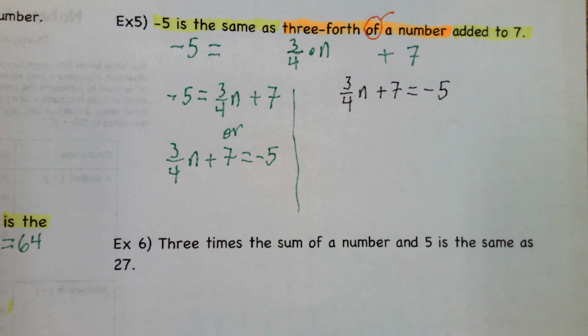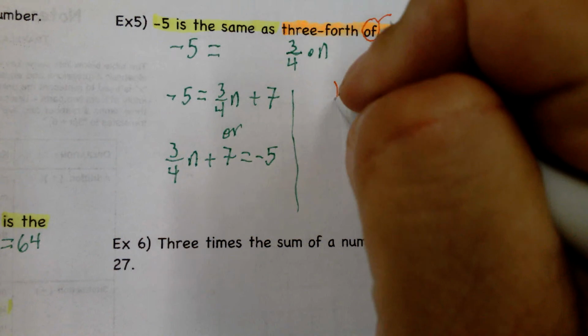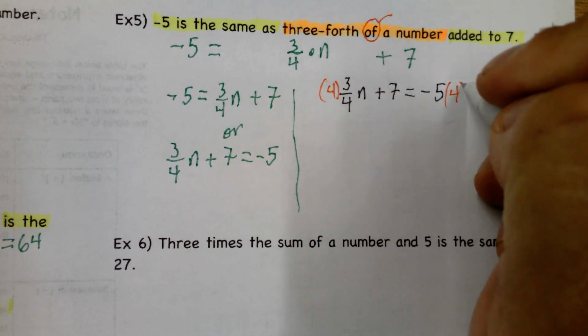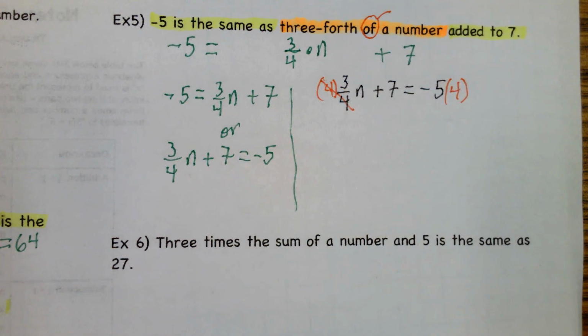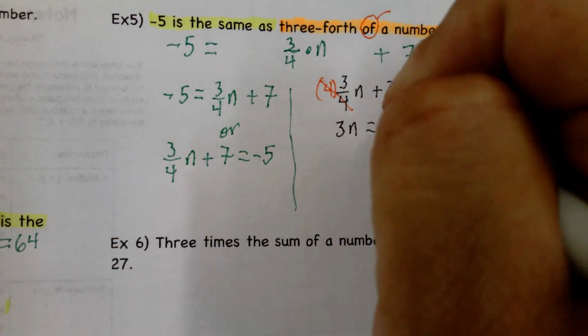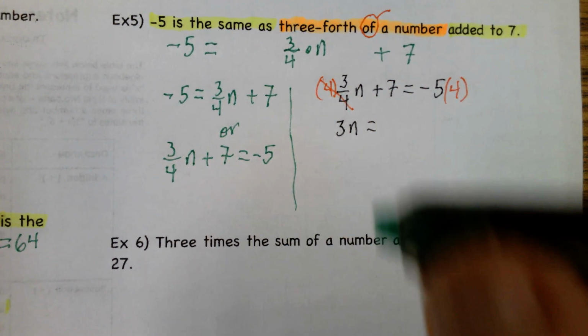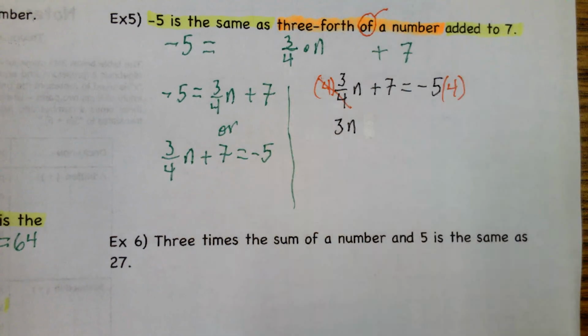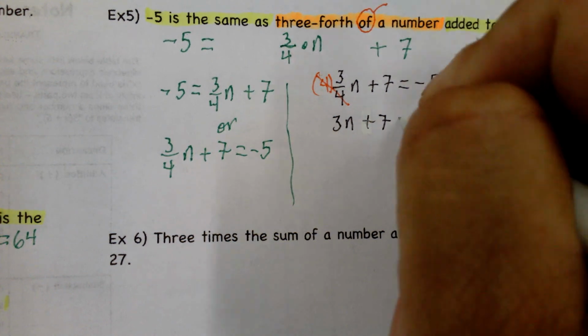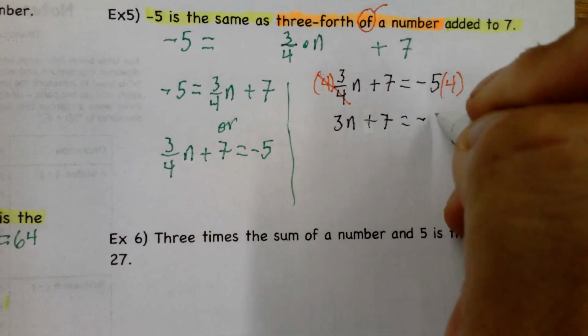And we want to get rid of it. Remember what our first step is? Find the denominator, multiply both sides by that number. In this case, it's 4. Because that will cancel. And we get 3n left, plus 7. Plus 7 equals -20.